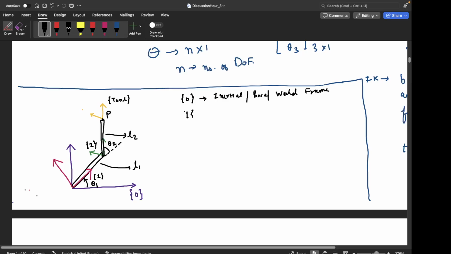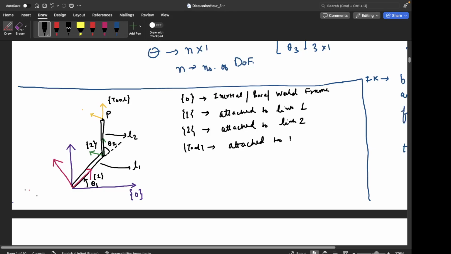Then there is frame 1, attached to link 1, then there is frame 2, attached to link 2, and then there is the tool frame, attached to the end effector. Okay.